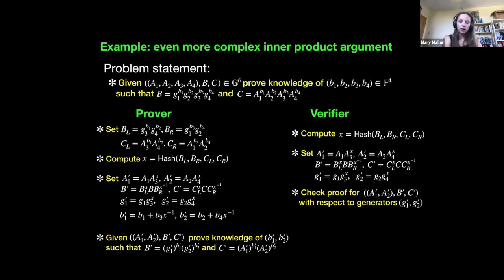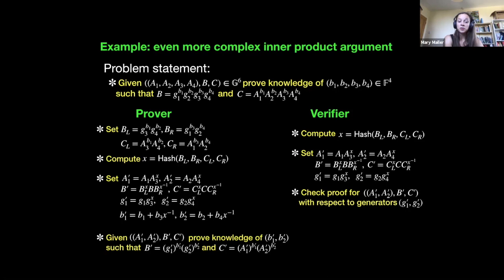So the verifier is going to compute X with the random oracle given BL, BR, CL, CR, and it's going to rescale its public values. So recall that A1 to A4 are all public. BL, B, BR, these are proof elements. CL, C, CR, those are proof elements, and our generators are all public elements.